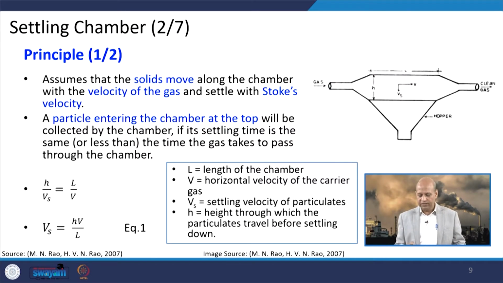You can see here the settling chamber of length L and height h, and the gas full of particulate matter is going inside.